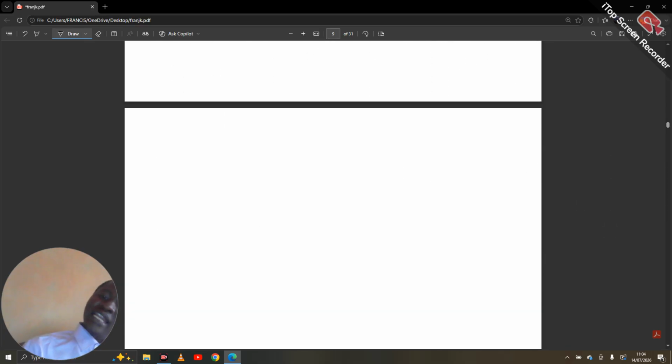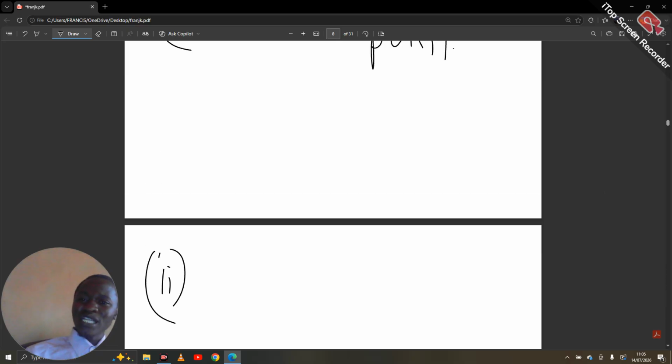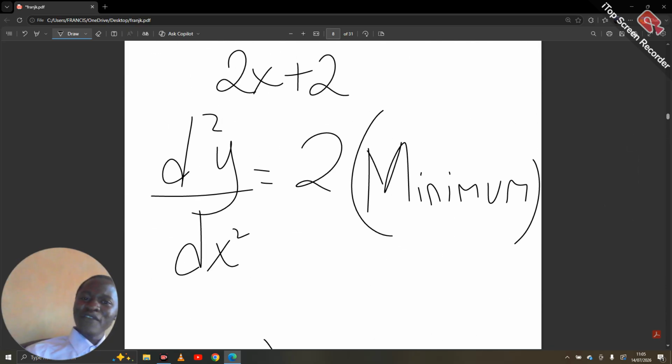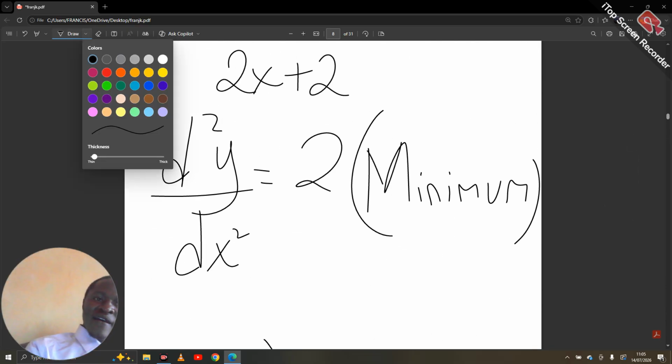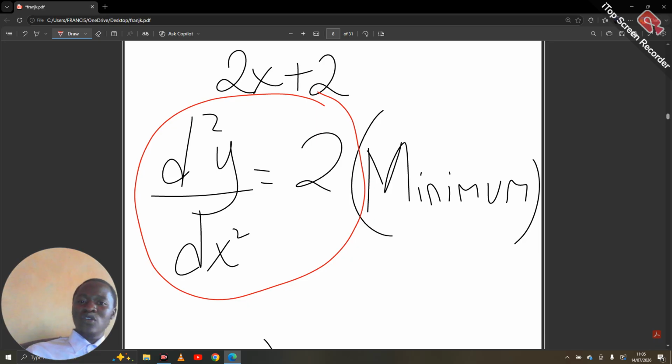Now let us check at number 2. So that is whatever I've given you here. This one, the d squared y over dx squared is equal to 2, and getting our direct answer, our direct value to be just a number, like it is just 2, just a natural number.